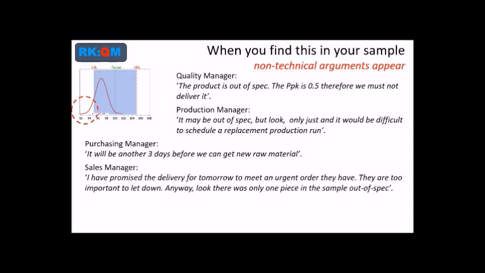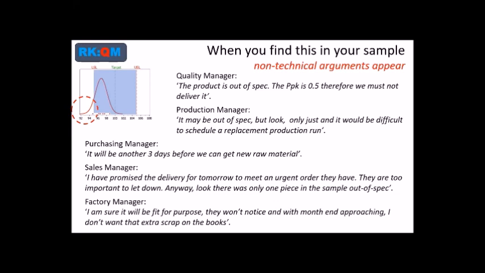Sales manager. I promised the delivery for tomorrow to meet an urgent order they have. They are too important to let down. Anyway, look, there was only 1 piece in the sample out of spec. Factory manager. I'm sure it will be fit for purpose. They won't notice. And with month end approaching, I don't want that extra scrap on the books.